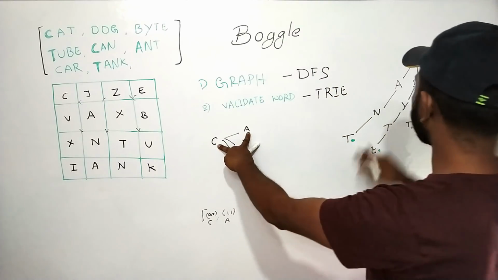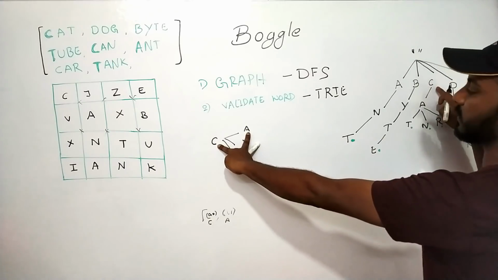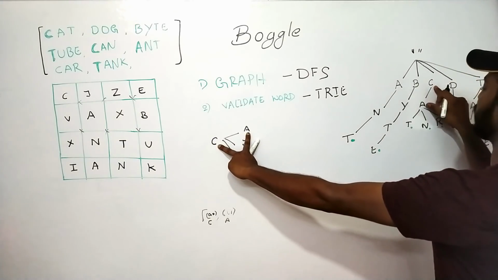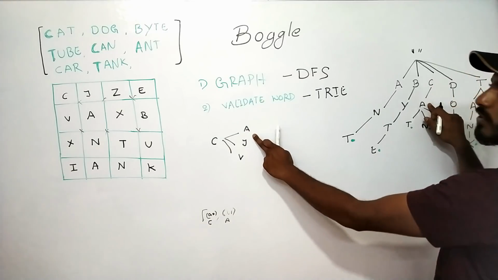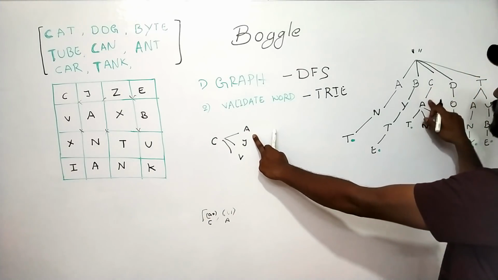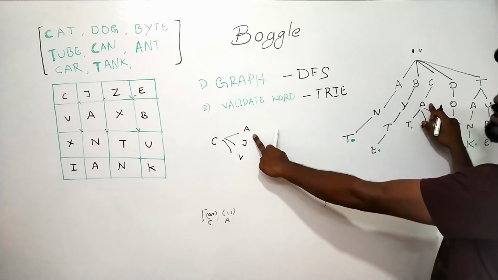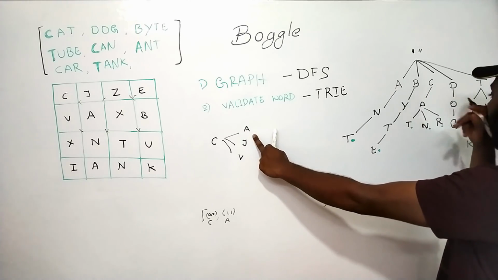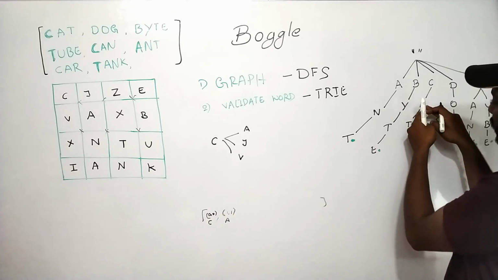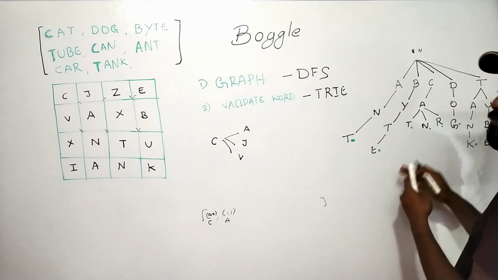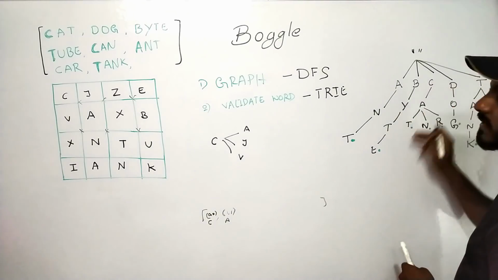Go to the C node from the space, and then go to the A node, and check whether that combination is a valid word. It is not a valid word, but it has an entry in the trie, and it can traverse down to find more words, and this chain is still valid.